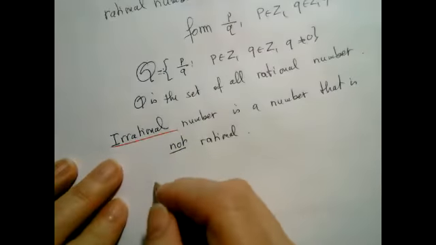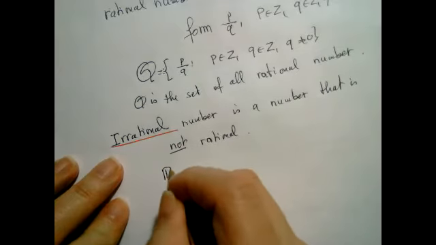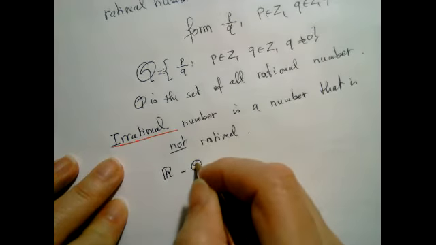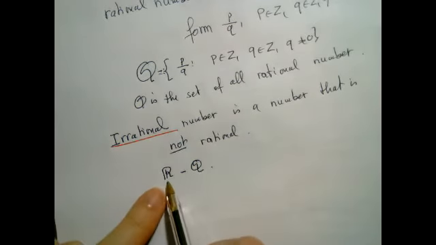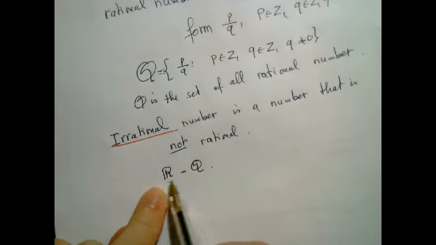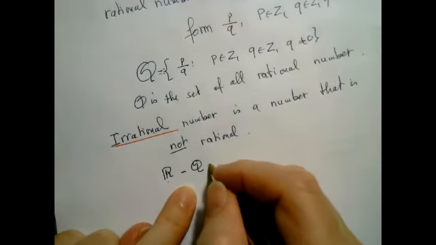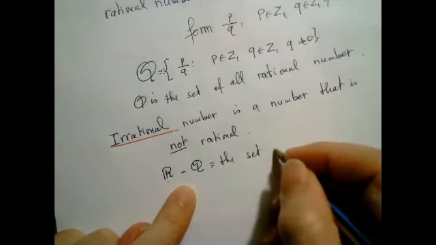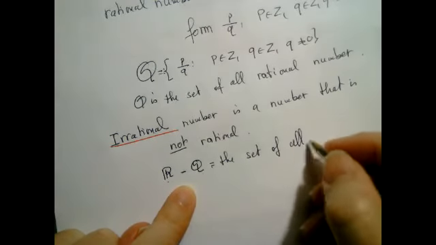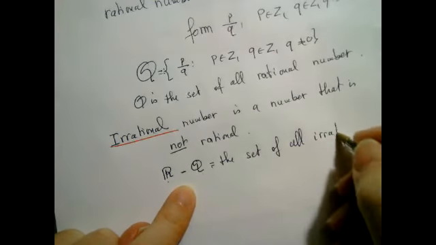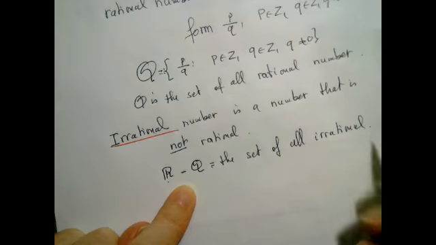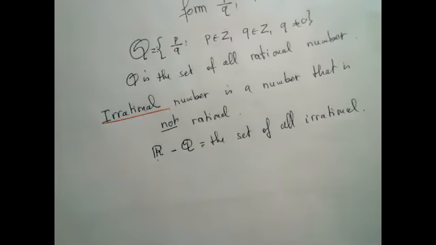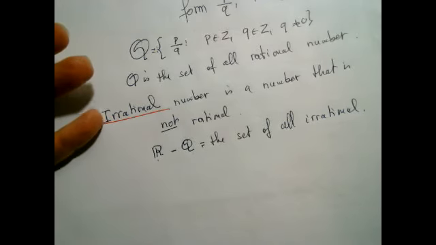Sometimes we write them as R minus Q: every real number which is not rational. This is the set of all irrationals.